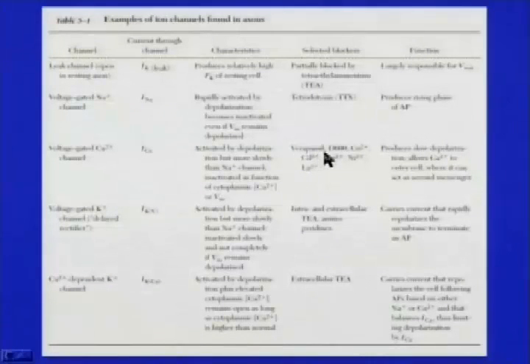So verapamil, or D600, cobalt, cadmium, manganese, nickel, and lanthanum are examples of calcium channel blockers. Verapamil is probably the only one on this list that's used clinically. It produces a slow depolarization, allows the calcium to enter the cell where it can act as a second messenger.